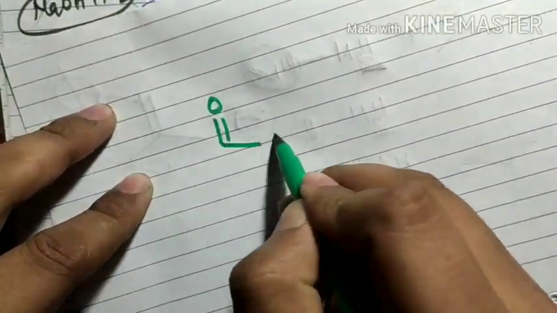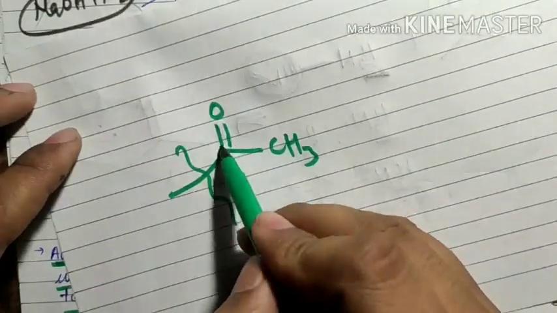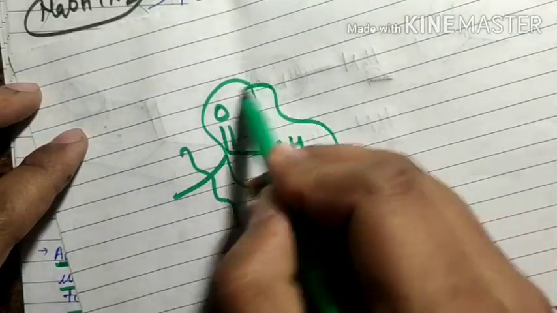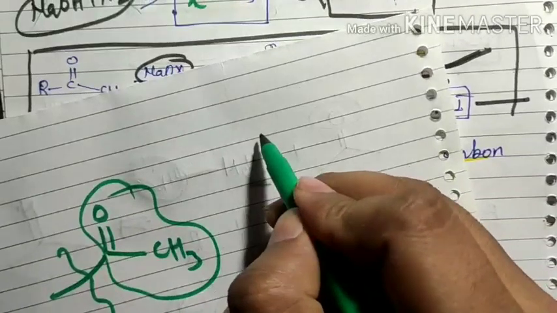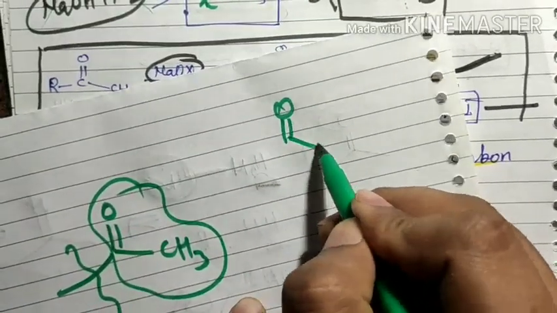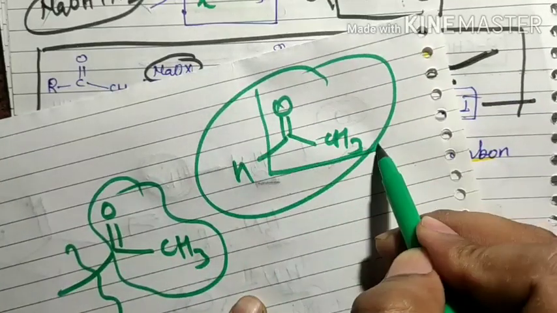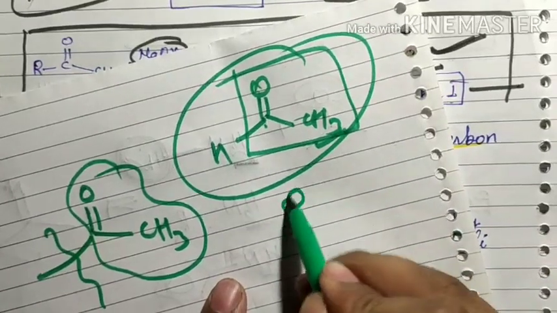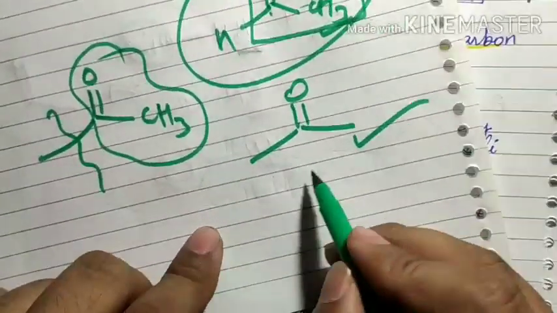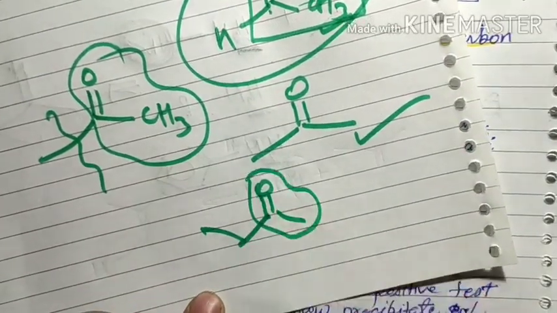That means in any system, if this group is present, whatever is on the other side doesn't matter. If the C double bond CH3 group is present, it is checked by the iodoform reaction. So it may be CH3 and H, which is acetaldehyde. It may also give the haloform reaction because the C double bond CH3 group is present. A ketone like this also gives the reaction because the C double bond CH3 group is present.